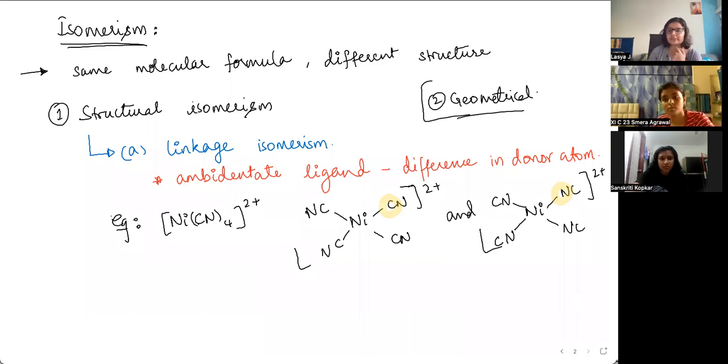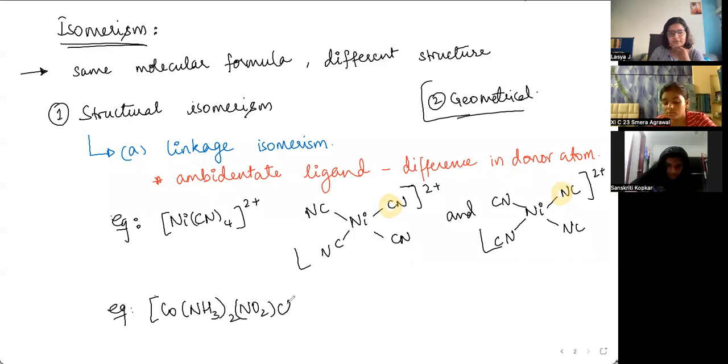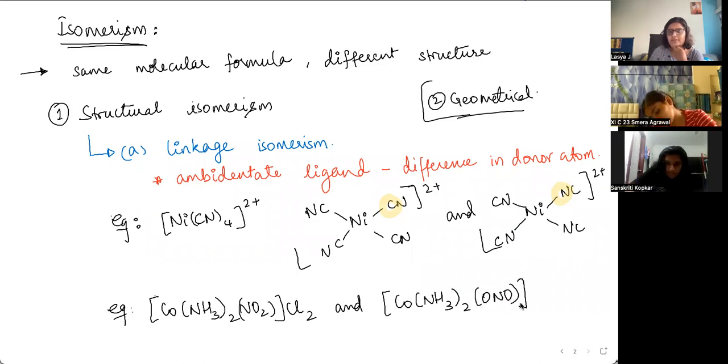It doesn't have to be only with this. You can have a heteroleptic compound also. Like another example, if you want to note it down: [Co(NH3)4Cl(NO2)] versus [Co(NH3)4Cl(ONO)]. Nitro is another ambidentate ligand.